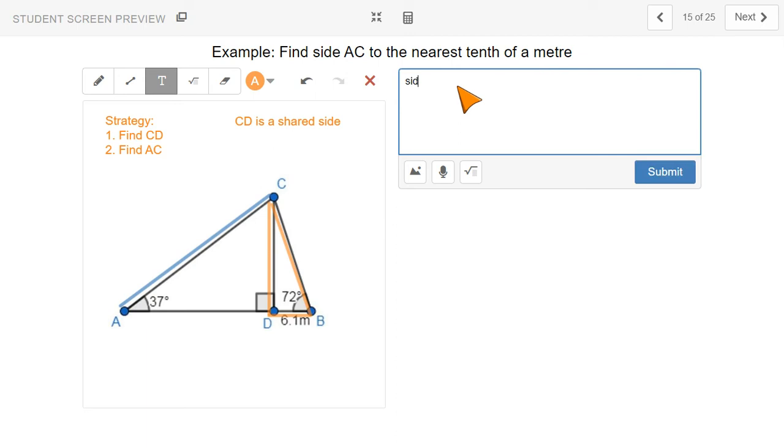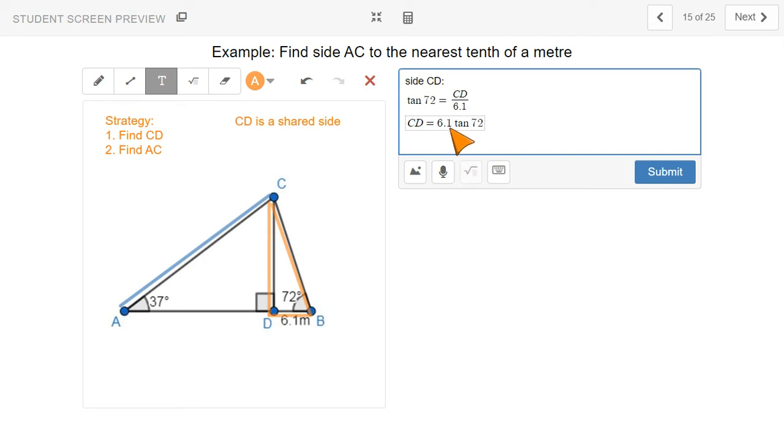So let's start. Side CD. This is our opposite and this is our adjacent. So we have tan 72 equals opposite over adjacent. CD is equal to tan 72, or let's write this better, 6.1 times tan 72.